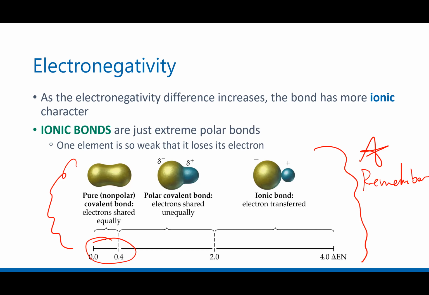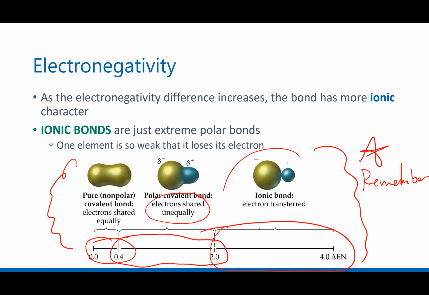It doesn't have an extra attraction to electrons. If the difference in electronegativities is between 0.4 and 2, this would be called a polar bond, meaning the electrons are shared unequally.